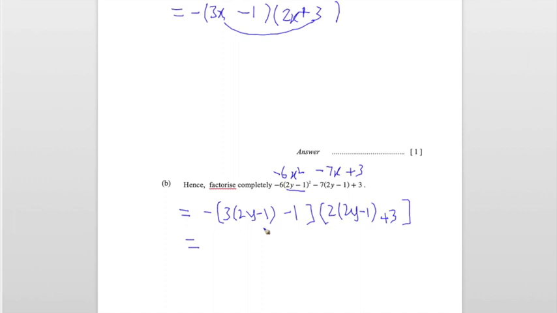We need to simplify this to give us 6y minus 3 or 6y minus 4.